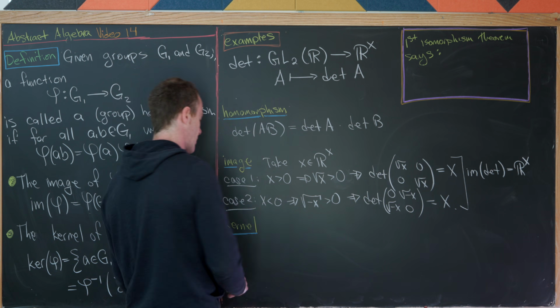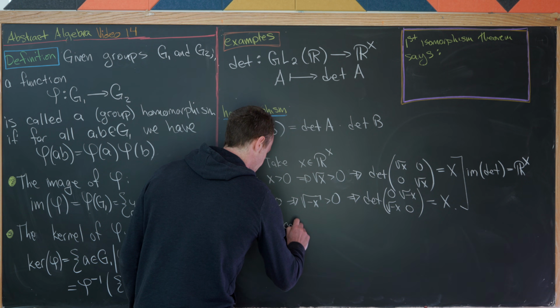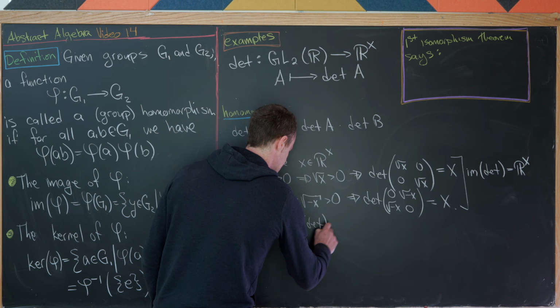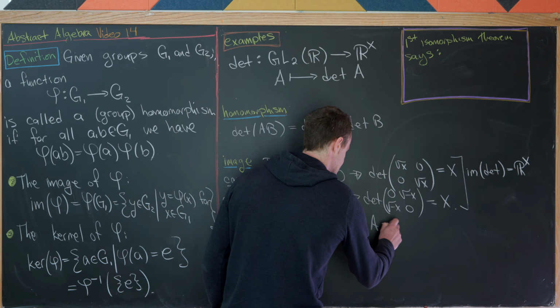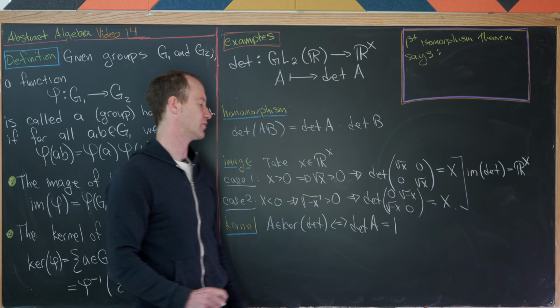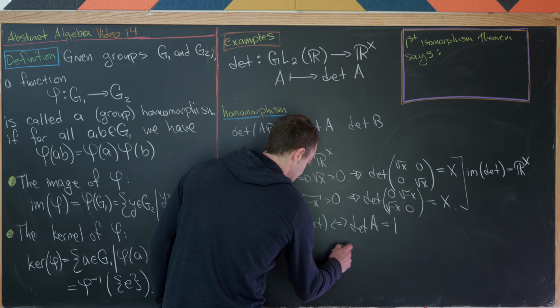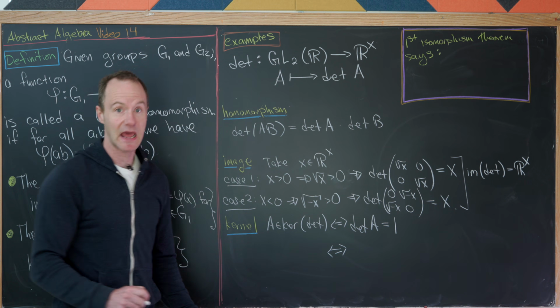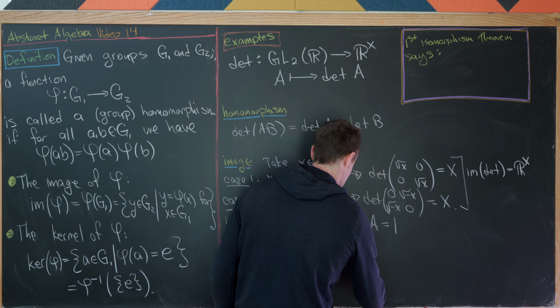So now what about the kernel? Well, let's notice that A is inside of the kernel of the determinant if and only if the determinant of A is equal to the identity in this group, which is the number 1. But we've actually got a name for that. What I mean is a name for 2 by 2 matrices whose determinant is 1, and that is SL2.